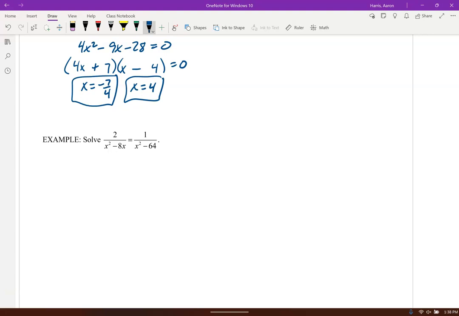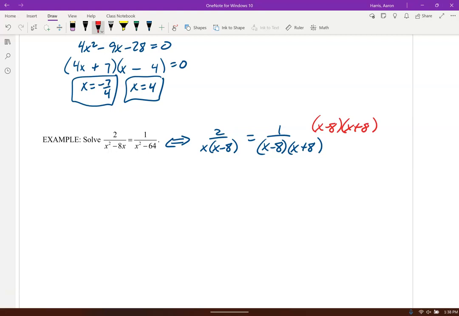I'm going to go ahead and write this in factored form. Factor x squared minus 64. So I'm going to multiply. I'm going to go ahead and get rid of this x minus 8. X plus 8. So if I do it to this side, I got to do it to this side.